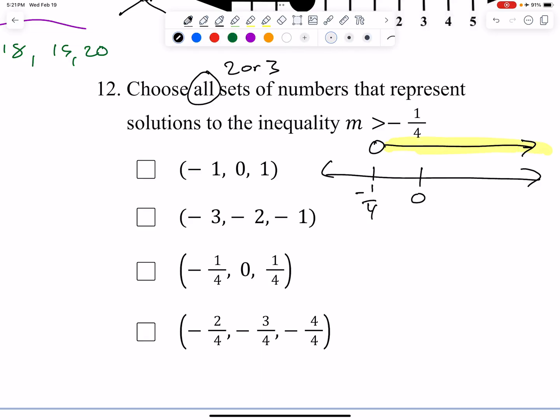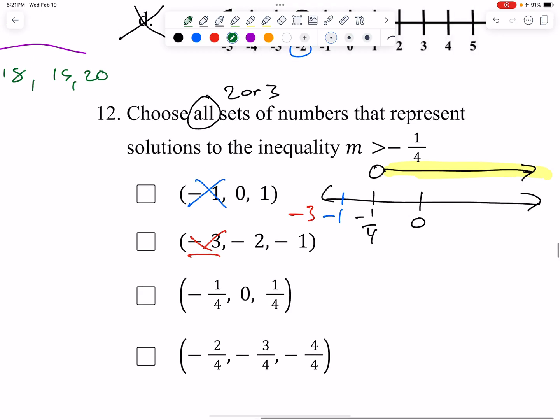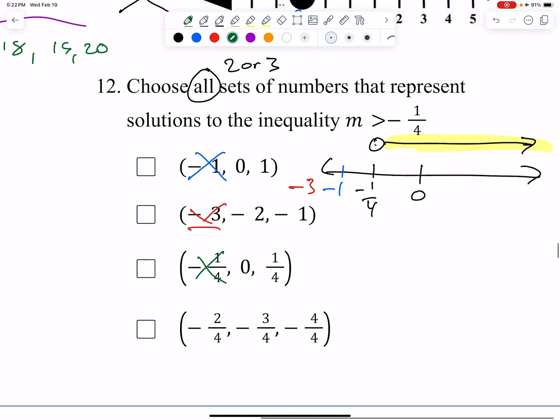All right, so let's check each one. -1, does that work? -1 is more than 1/4, so it's over here. Yeah, that's already wrong. Well, if -1 is wrong, can you see -3? Yeah, that's way over here, so that doesn't work. What about -1/4? -1/4 is also not going to work, because it is not closed, so that one didn't work.